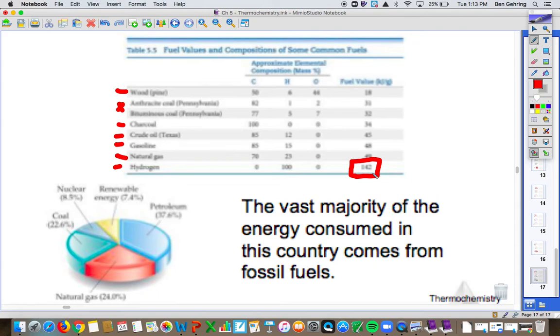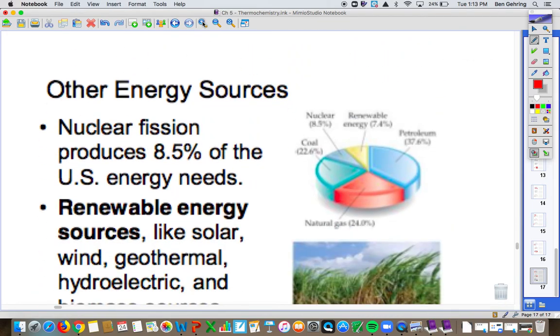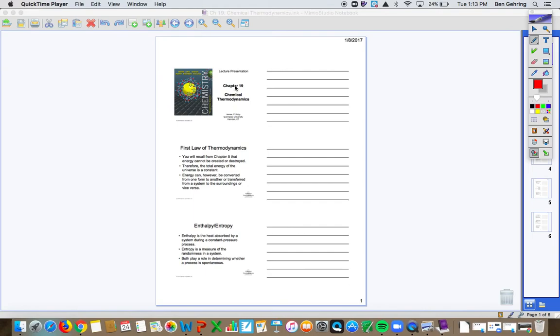H2 plus O2 produces H2O. So there is no carbon dioxide. There is no pollution. It is strictly water. And so that's the ideal, that's the goal with the fuel industry and energy production, is to get to that point.